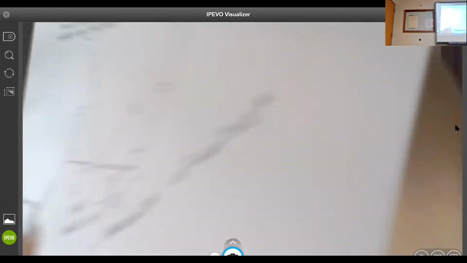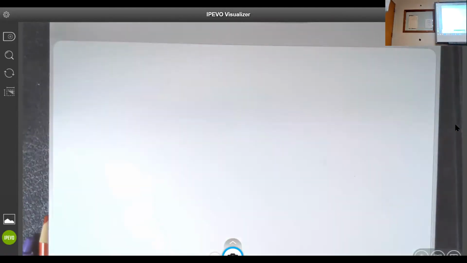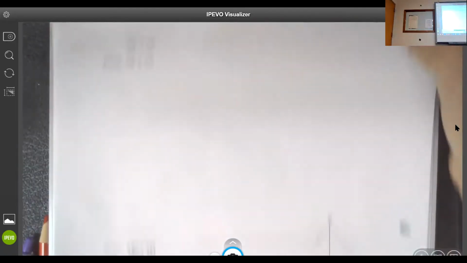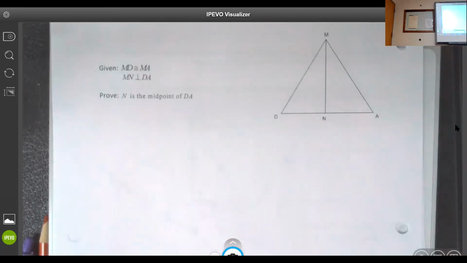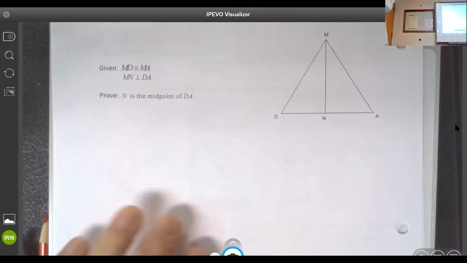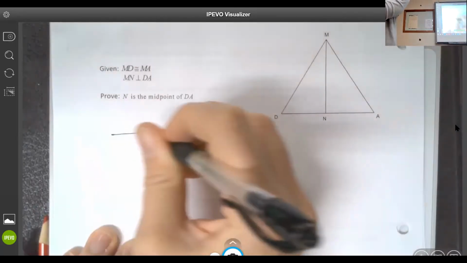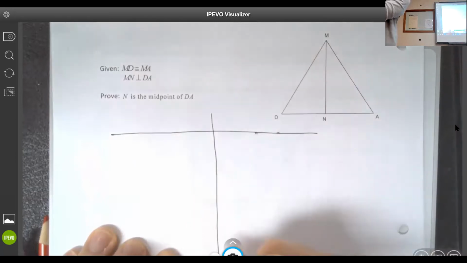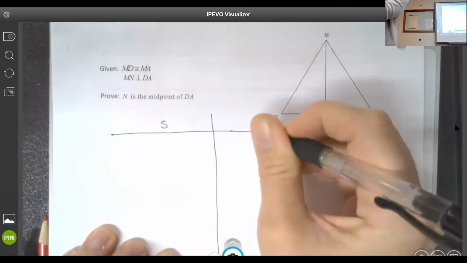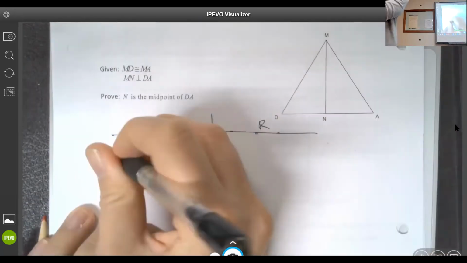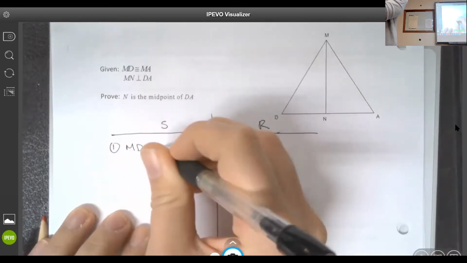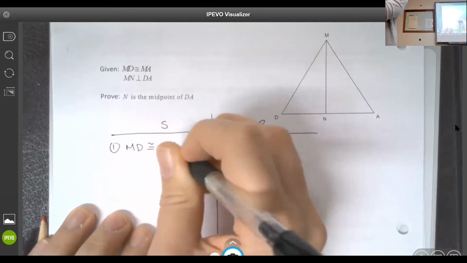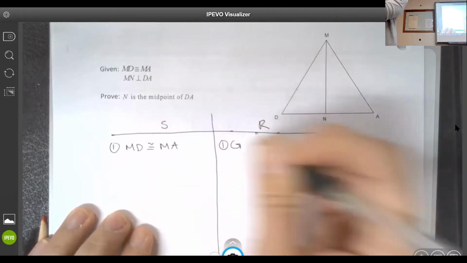So I want to show you how when we write our proof, we still need to list three things. On the bottom here, write your two columns, statements, reasons. MD is congruent to MA, given.